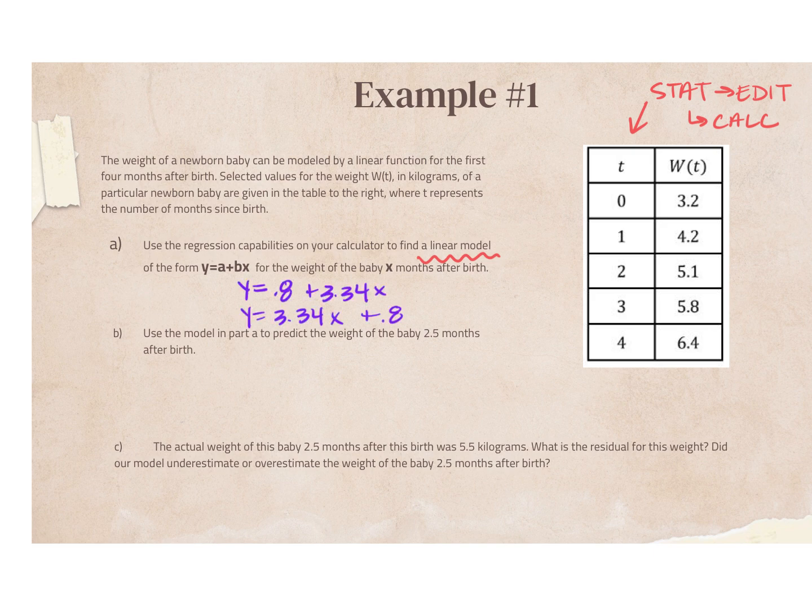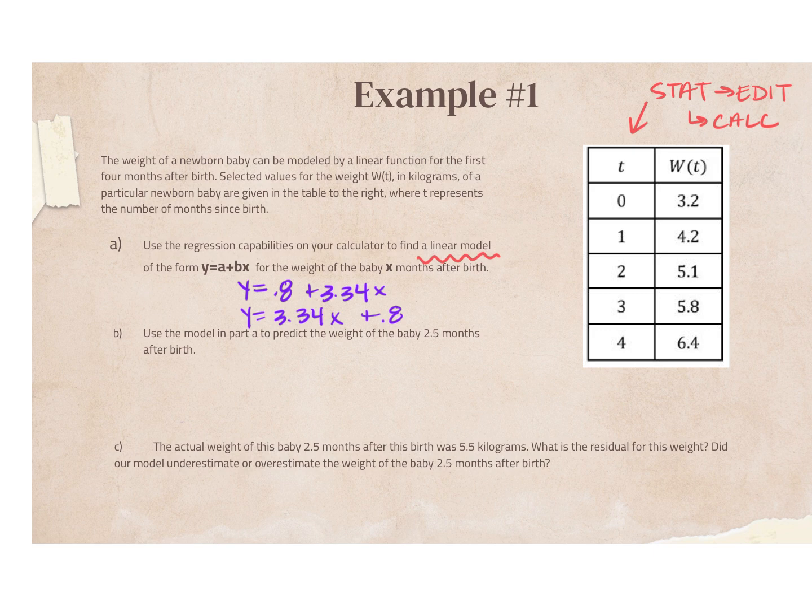You may have noticed that there are 2 options underneath that Stat Calc menu for linear regression. It just flip-flops the order of the slope and the y-intercept. You can write it either way. You can choose either option. The slope should be 3.34 and the y-intercept should be 0.8.